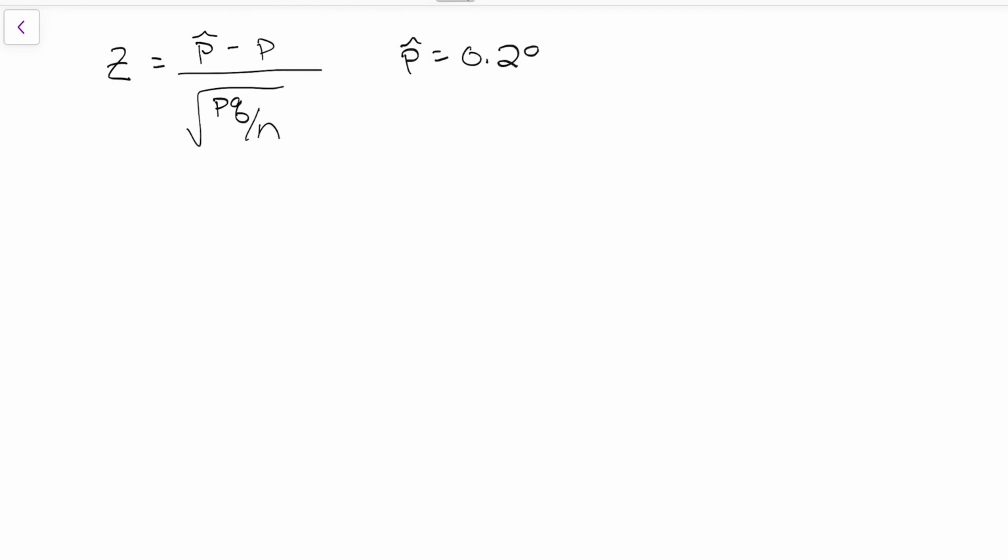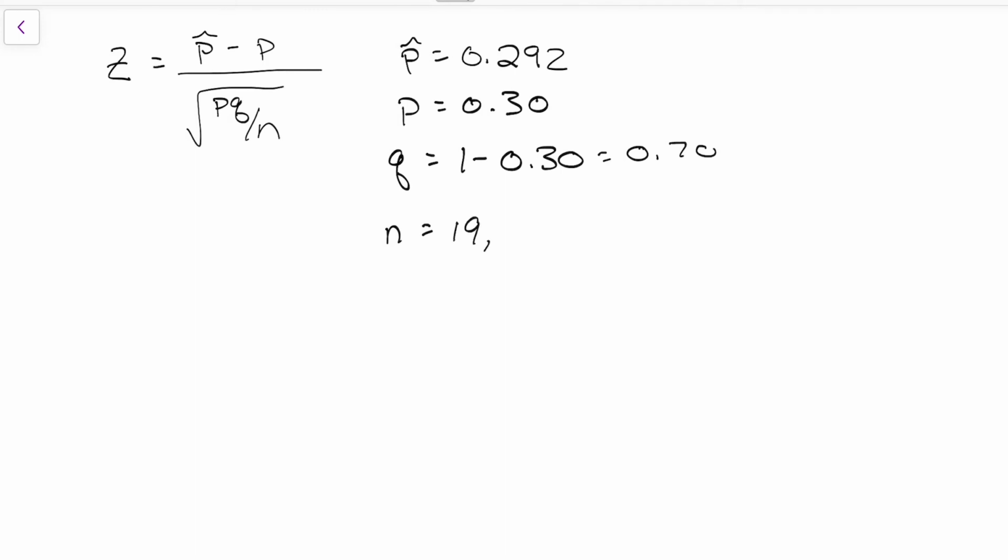That was 0.292. The population proportion was 0.30, which comes from our claim. q is 1 minus p, so this will be 0.70. And n, given earlier in the problem, was 19,136.